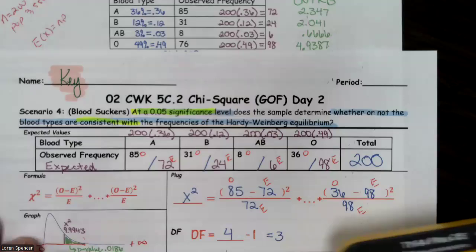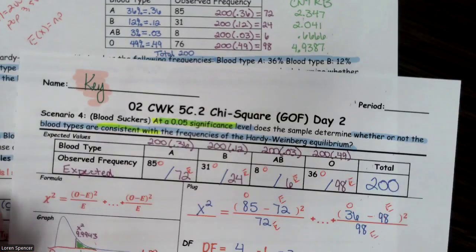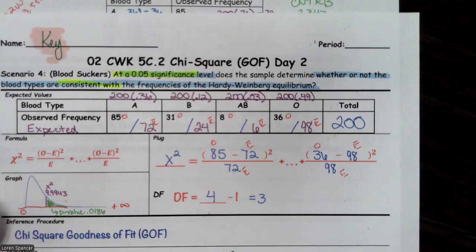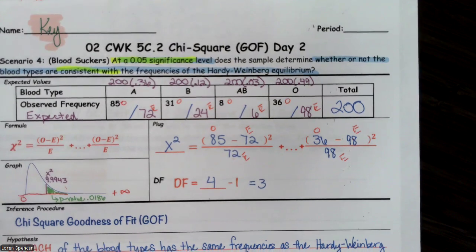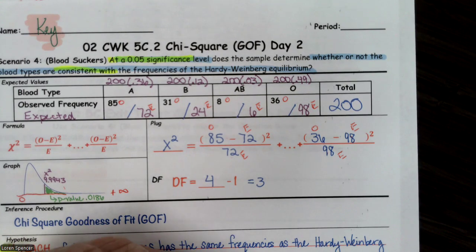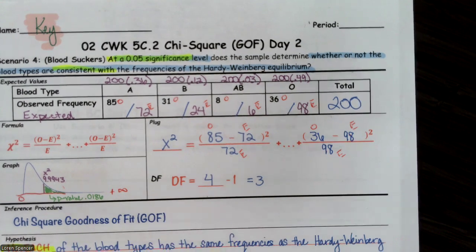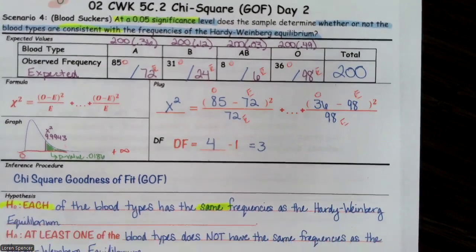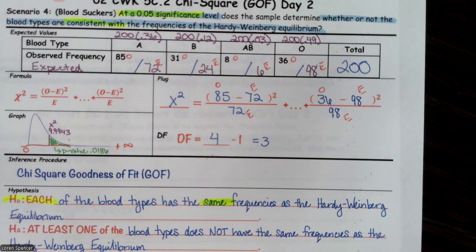All right, so we need to say what type of inference procedure. We're running a chi-squared goodness of fit. Our null hypothesis will always start off with each. So in this case, each of the blood types has the same, that's a key word, frequencies as the Hardy-Weinberg equilibrium.